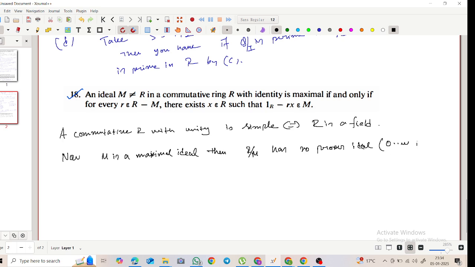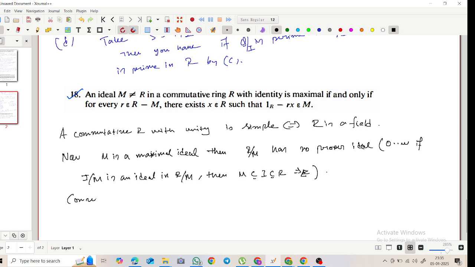Otherwise, if I mod M is an ideal in R mod M, then M is a subset of I, a subset of R, right? Which is a contradiction because M is maximal.